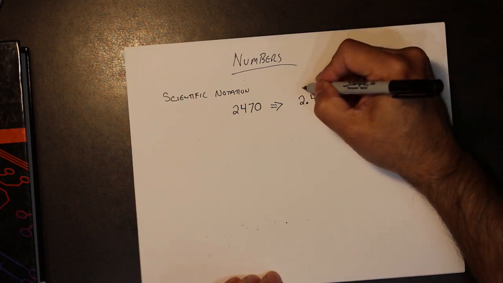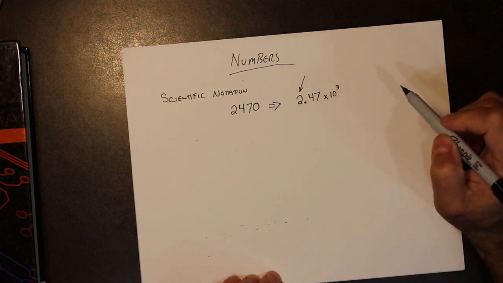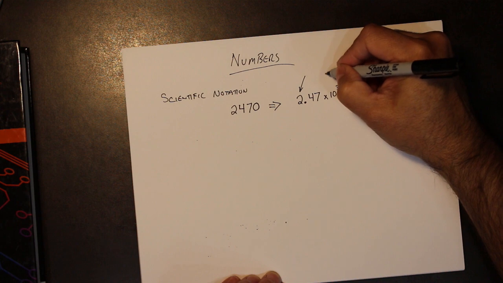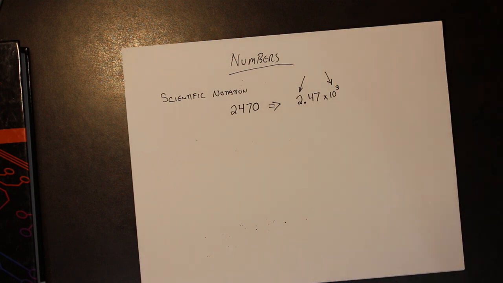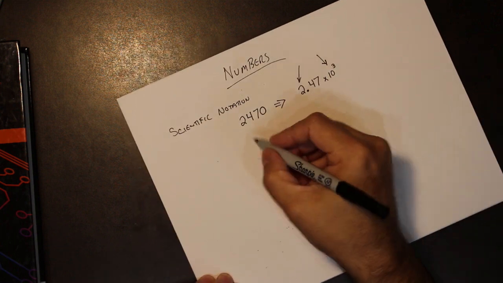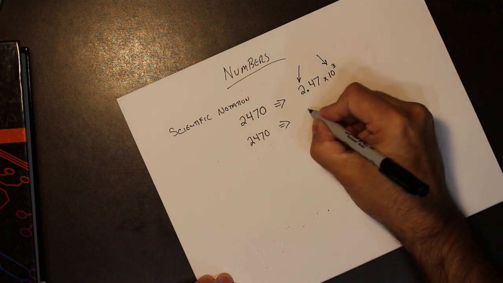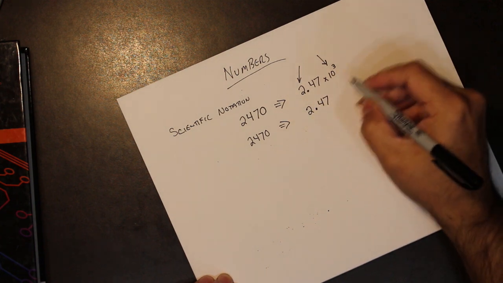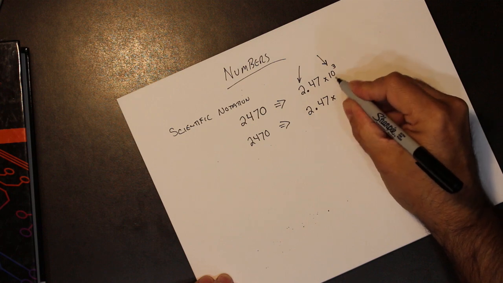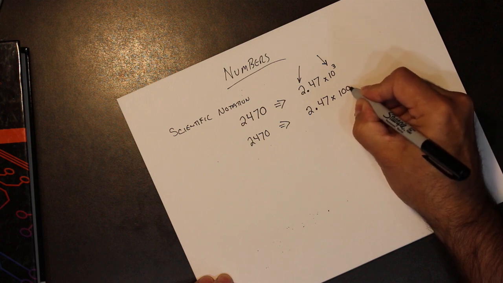Scientific notation has one significant digit before the decimal point, and then everything else is represented as a factor of 10. So when I look at this, 2470 is 2.47 times 10 to the 3, so that's times 10 to the 3 is 10 times 10 times 10, that is 1,000.